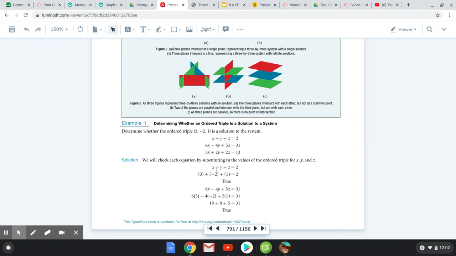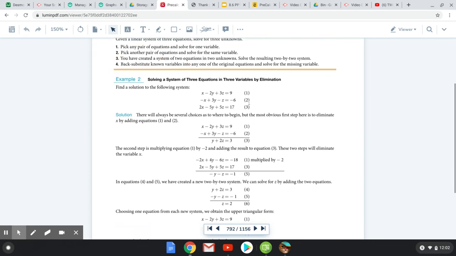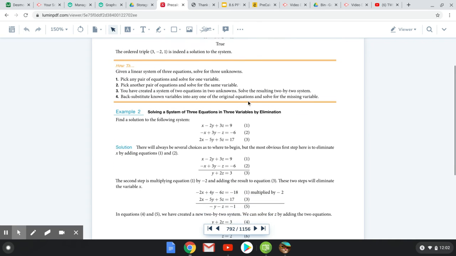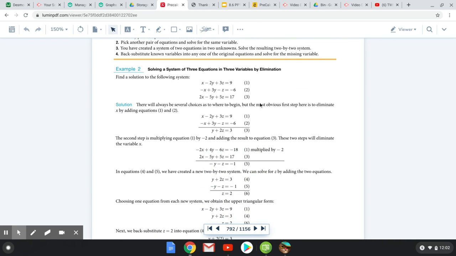You do in this case. This is plugging into the first equation, second equation, third equation, and they all come out as true. So that is in fact a solution to the system. In the next video, I'm going to do example 2, where I'm going to talk step-by-step about how we solve systems of three equations.